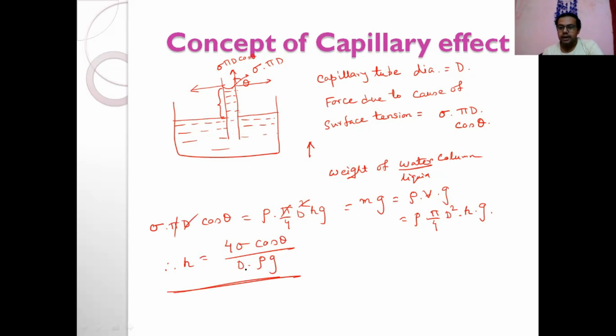So one you can get due to the pressure difference, one due to the surface tension holding the weight. The two ways you can derive this. Ultimately the result will come in the same manner.